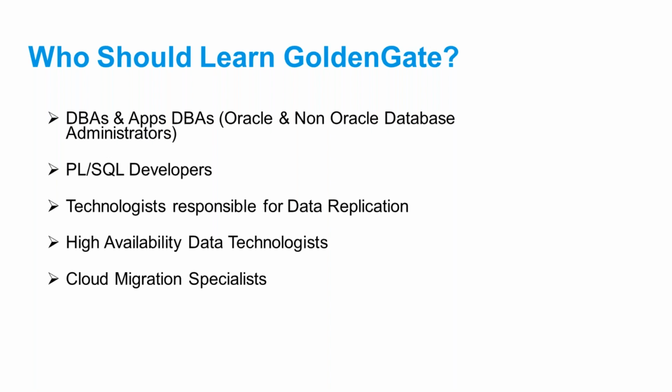For that purpose, they want to do it with zero downtime, because if there is any downtime, they will lose revenue. Apart from that, the goodwill will also go for a toss. So they're using Golden Gate for zero downtime upgradation and migration.